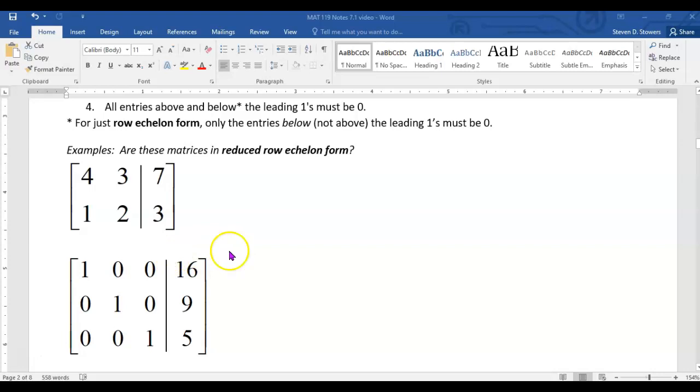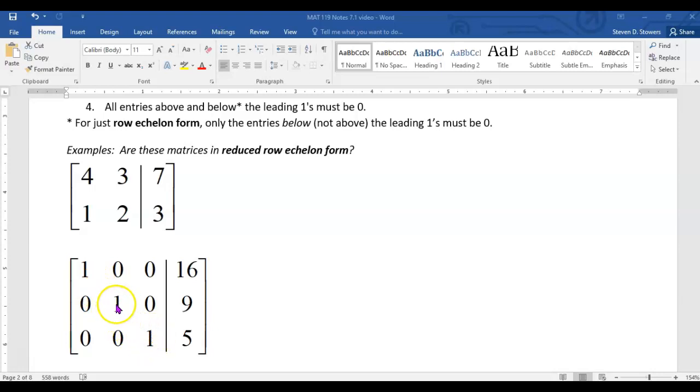Let's check the conditions. If there are any rows of all zeros, they have to be at the bottom. Well, there aren't, so we don't have to worry about that. Second condition, the first thing in each row that isn't a 0 has to be a 1. Check. That condition is met. Those leading ones have to be further over to the right as we go down from row to row. Check.